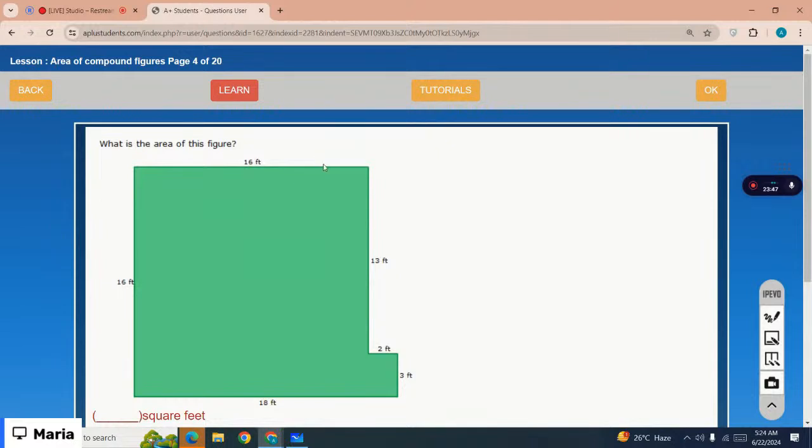Let's just divide the figure into the smaller portions and then calculate the area, right?